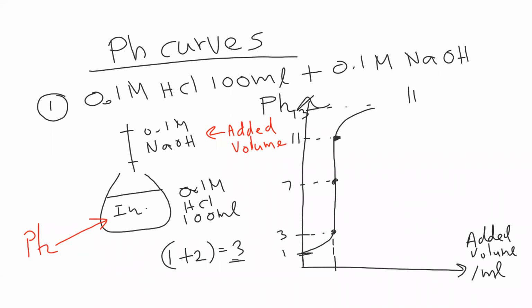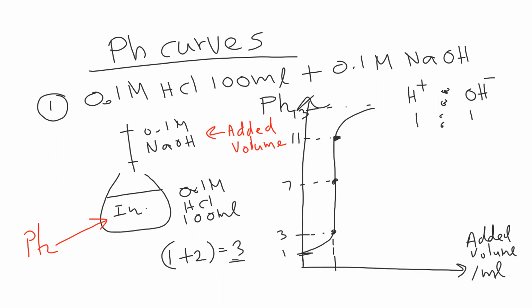Very easy. The H plus to OH minus ratio in a reaction is always 1:1. H plus and OH minus always react in a 1:1 ratio.